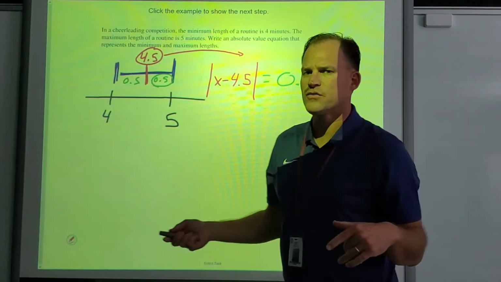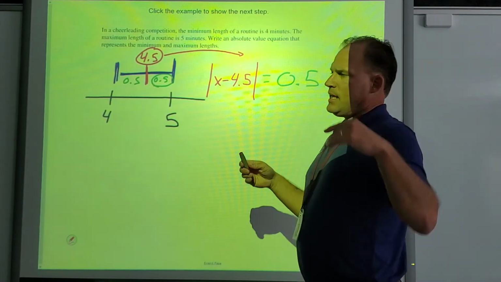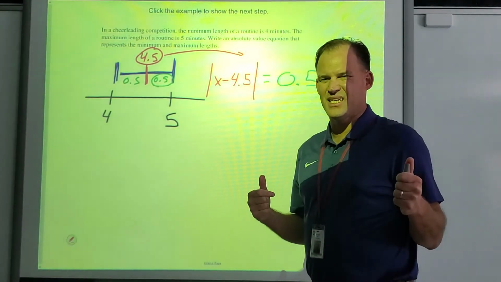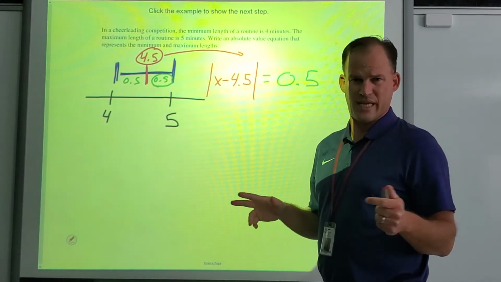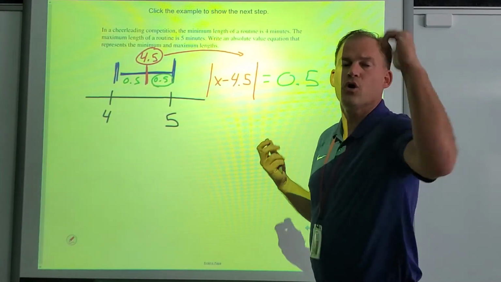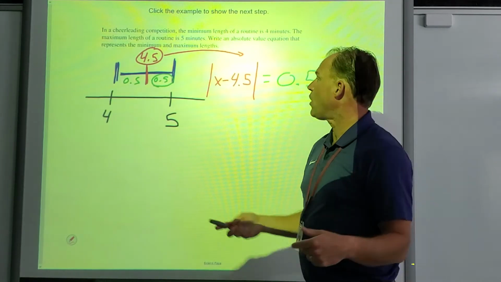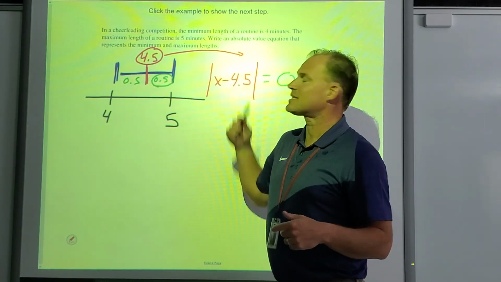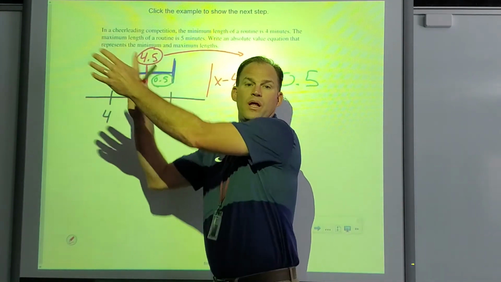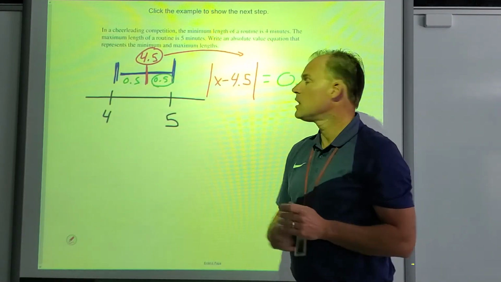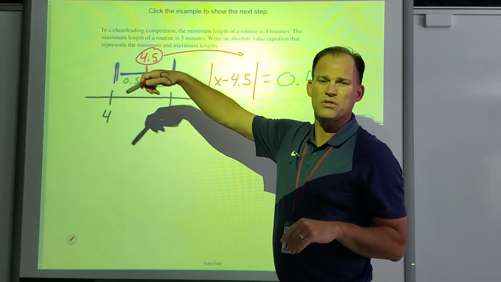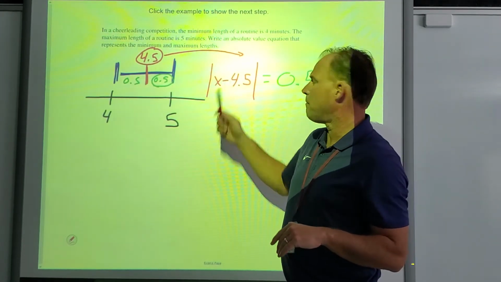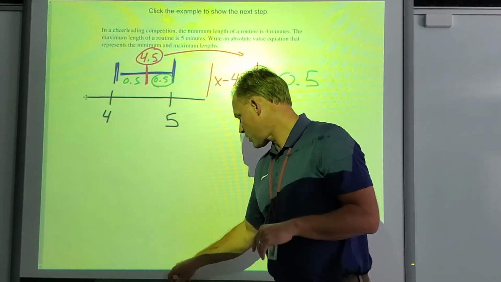Why did I write minus 4.5? That's a long, complicated conversation that's hard to do over a video. So maybe if you're in person, I can explain it a little bit. All you need to do mechanically for right now, use the opposite sign. So if for whatever reason you would have an interval on the negative side, you would put a plus here. Most of ours are going to be talking real life stuff, so they'll be positive. So you'd write minus. So there's our equation. That's it.